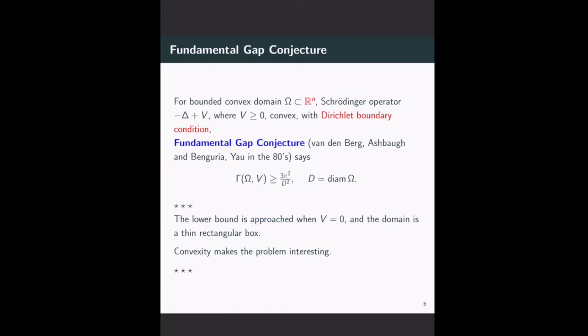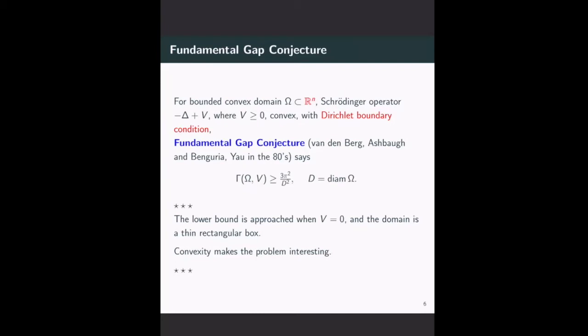So the fundamental gap conjecture says the fundamental gap, remember it's lambda 2 minus lambda 1, is greater or equal than 3 pi square over d square, where d is the diameter. The lower bound, as we've seen in the previous example, is approached when V equals 0 and the domain is a thin rectangular box. So it's actually a sharp constant.